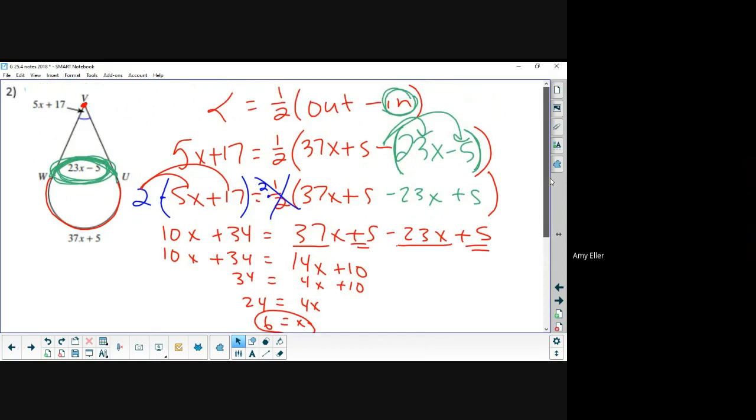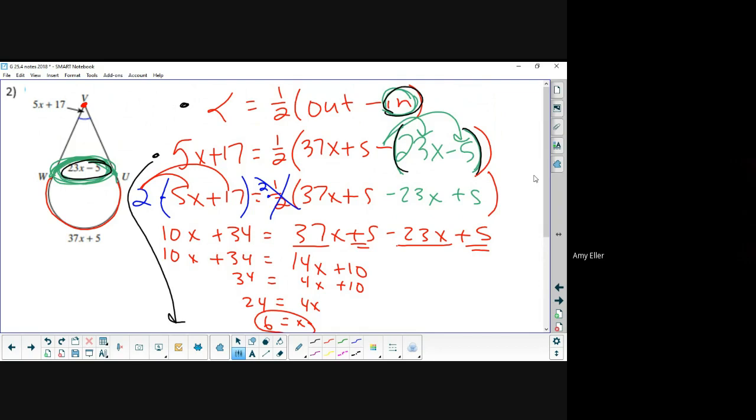Let's do a quick recap on this one because it was a little bit long. We start with the formula just like we always do. We plug in the parts, the angle, the outer arc, the inner arc. Everything after this is algebra. It had two tricky parts. We had to subtract the inner arc, which means we have to subtract that whole thing, to be distributed.